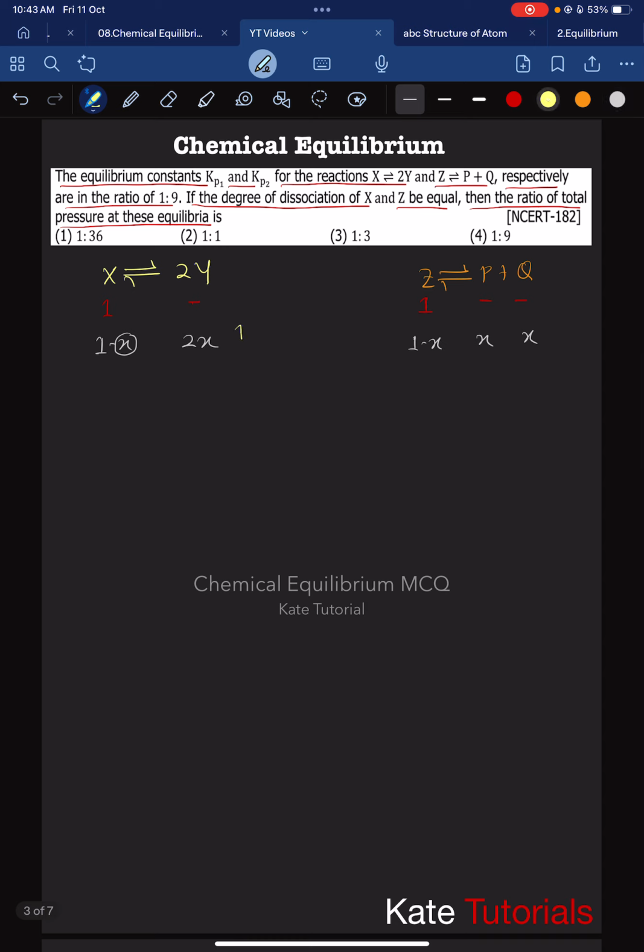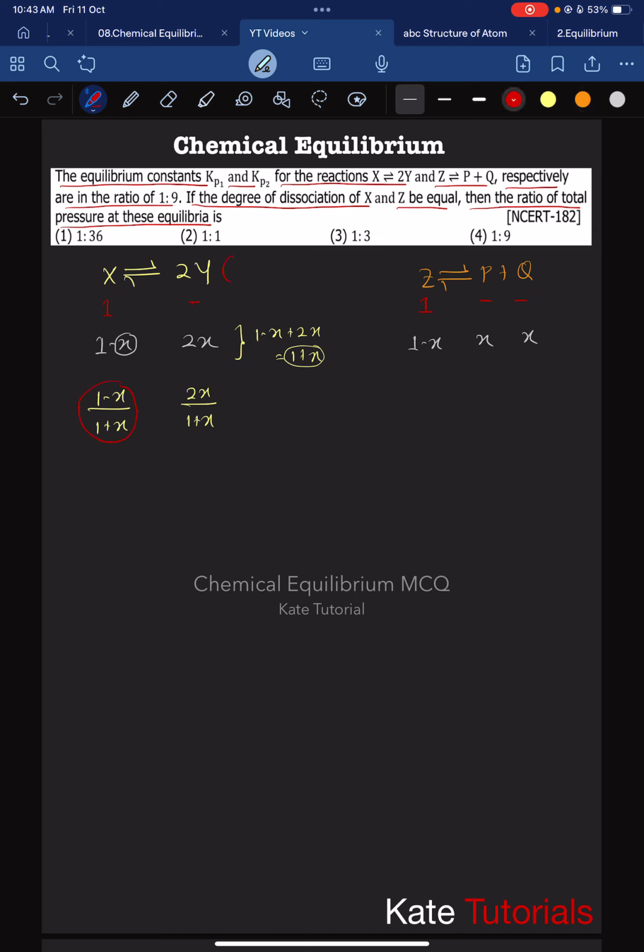In this reaction the total moles will be 1 minus x plus 2x, which is nothing but 1 plus x. These are the total moles. So how will I take the mole fraction? It will be 1 minus x divided by total moles 1 plus x, and here it is 2x moles divided by total moles 1 plus x. So this is the mole fraction, and we know that mole fraction into total pressure gives partial pressure.